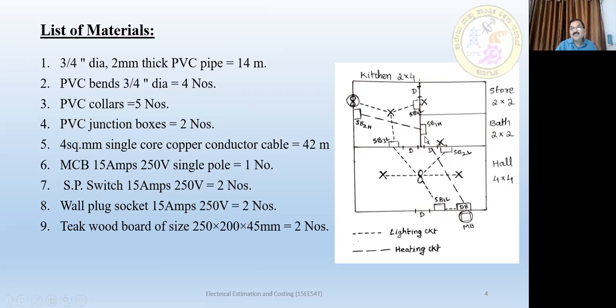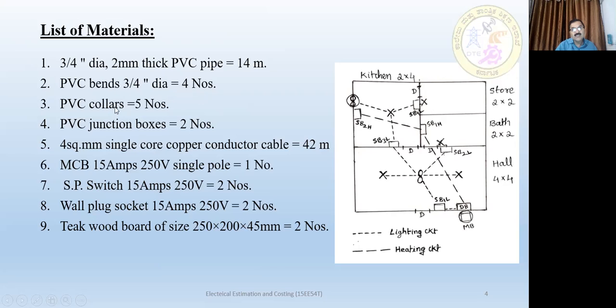Then it runs in the ceiling. From this point, it has to take a turn to switchboard, second one, and one more outgoing line, third one, and it runs here and goes down, fourth one. So PVC bends, 4 numbers are required.